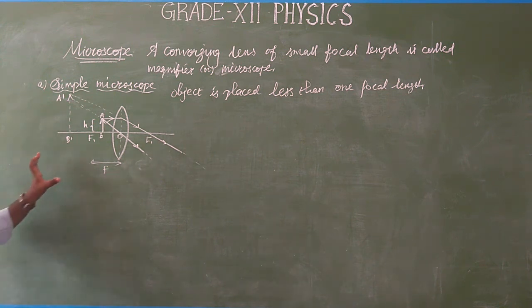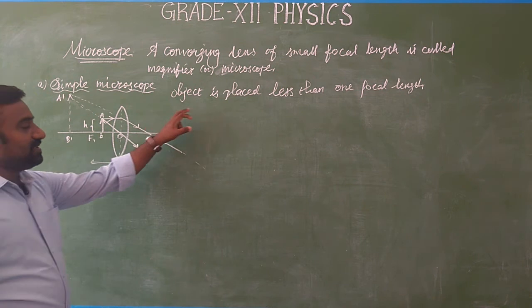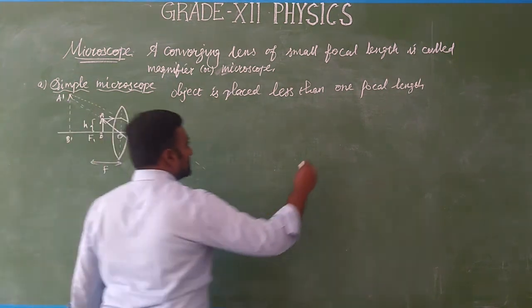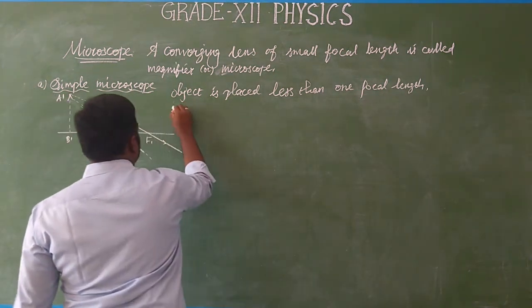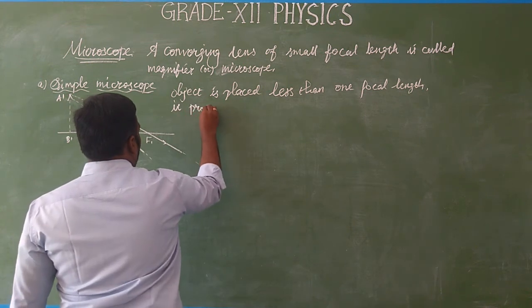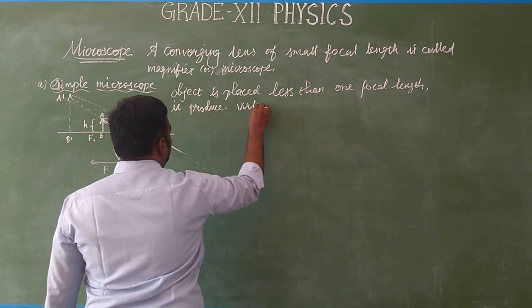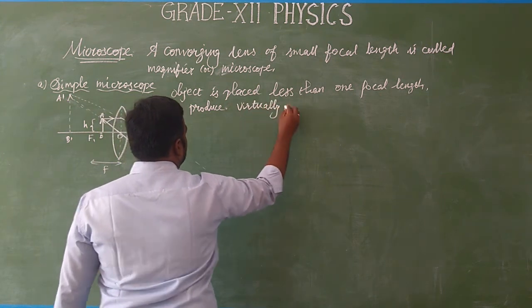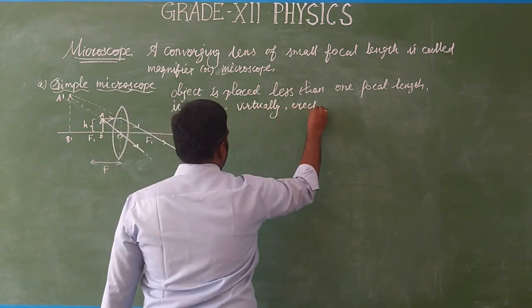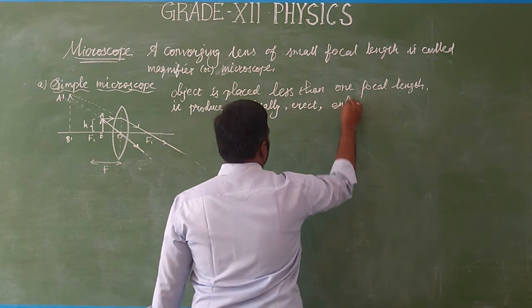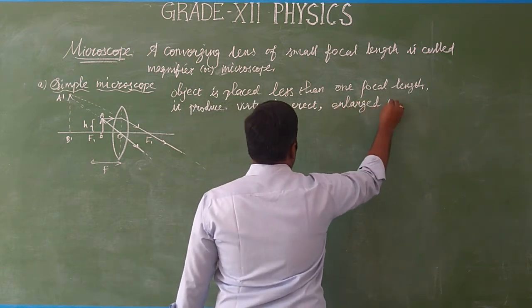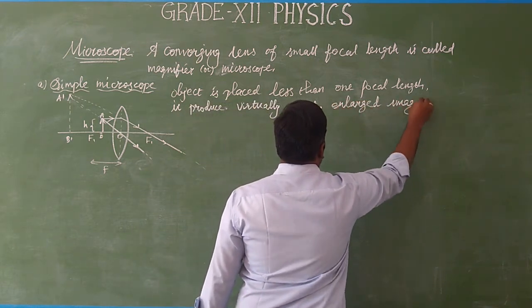So in this case, when the object is placed less than one focal length, it produces a virtual, erect and enlarged image.